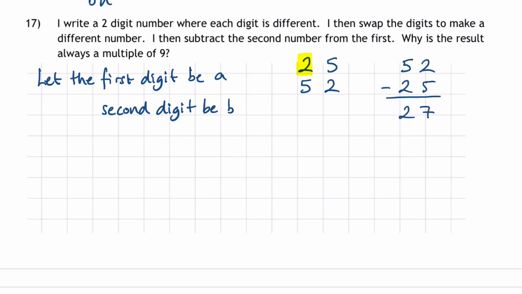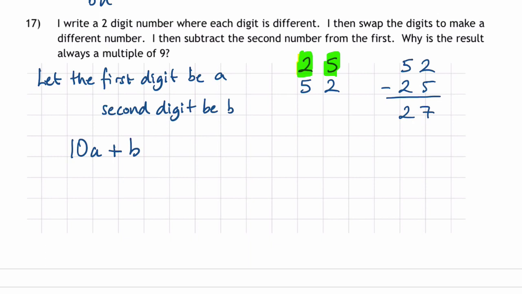Well, the 2 in this case is going to be the A, so it's going to be A multiplied by 10, which is 10A. The B would be the 5, so 10A plus B. And that's what we're doing: the 2 multiplied by 10, that's 20, plus the 5 gives us the 25.